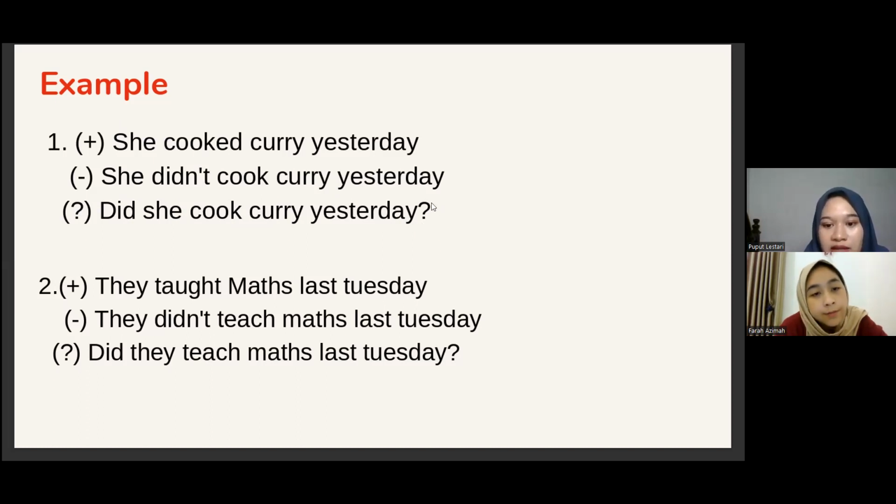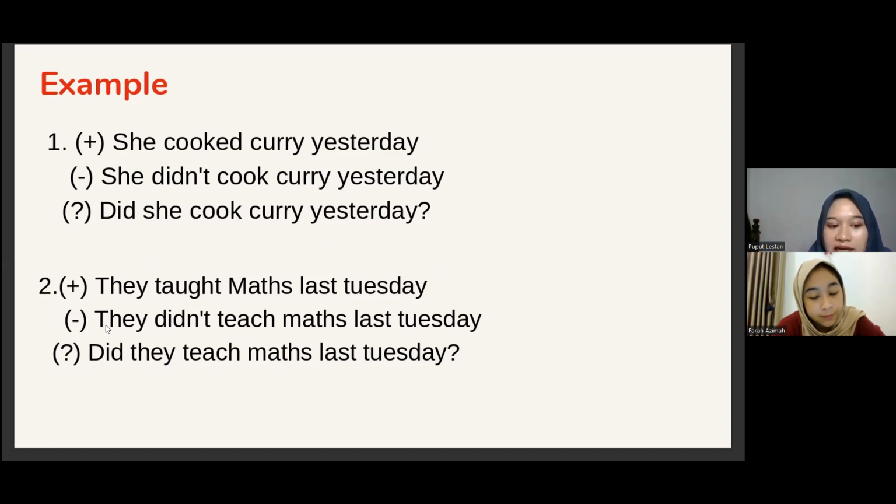Okay, don't forget. The second example is: they taught math last Tuesday. Negative sentence: they didn't teach math last Tuesday. Interrogative sentence: did they teach math last Tuesday? In the affirmative sentence, we can see they is the subject, taught is verb 2, math is the object, and last Tuesday is the complement.